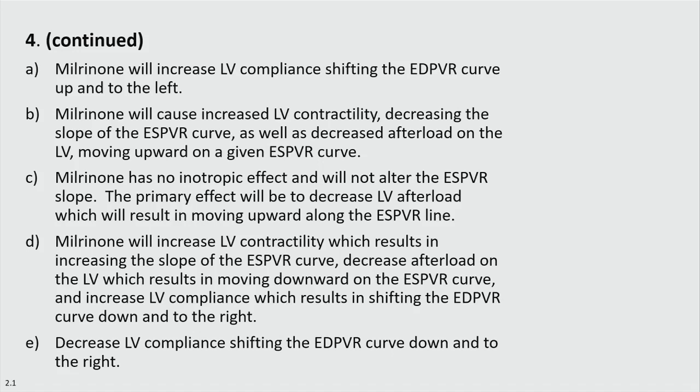C, milrinone has no inotropic effect and will not alter the end systolic pressure volume relationship slope. The primary effect will be to decrease LV afterload, which will result in moving upward along the end systolic pressure volume relationship line.